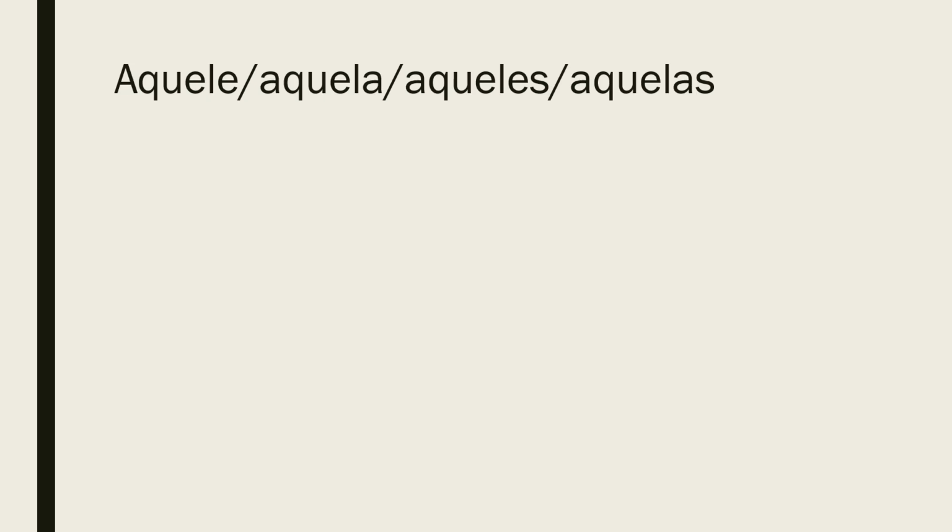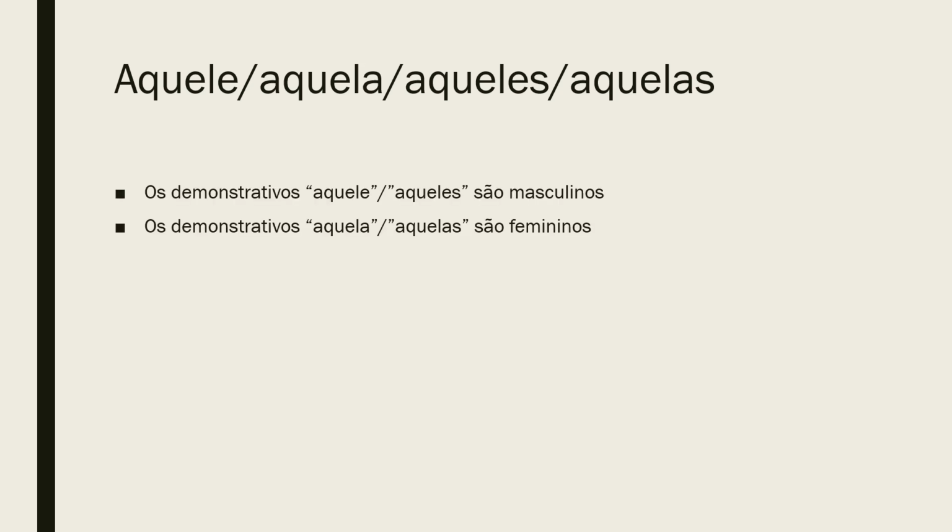Finally, aquele, aquela, aqueles, aquelas, and maybe you are already thinking, okay, if the object is close to me is one demonstrative, the object close to the other is another demonstrative, so maybe what is missing now is that the object is far away from both of us. Again, aquele, aqueles são masculinos, aquela, aquelas são femininos, and exactly they indicate what is far away from me and the other.